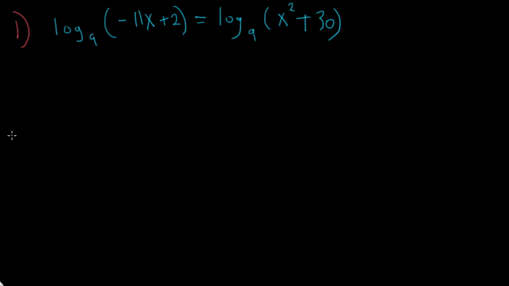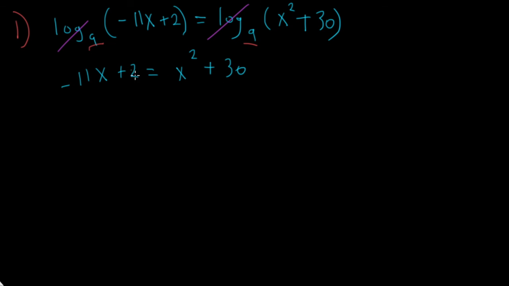So hopefully you gave it a try, and immediately we should see, okay, we've got the same base. So that's nice. We can just get rid of these, and we say negative 11x plus 2 is equal to x squared plus 30.